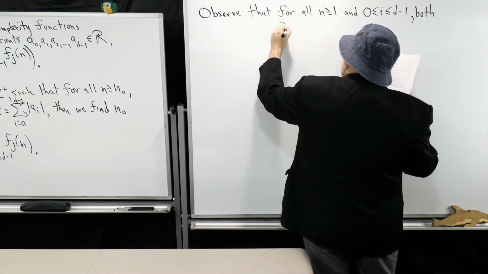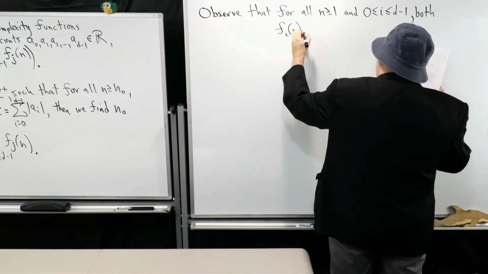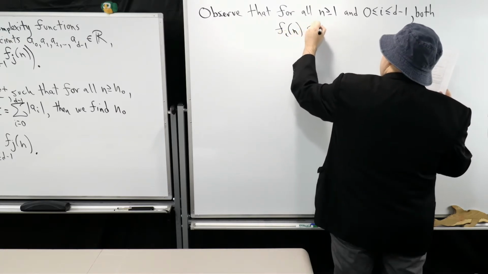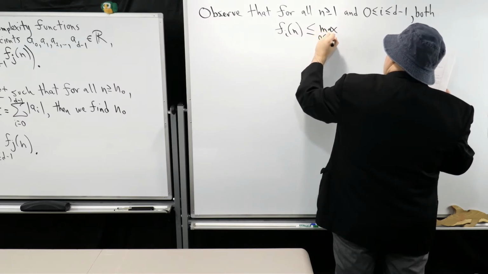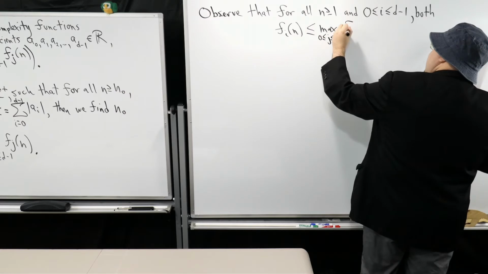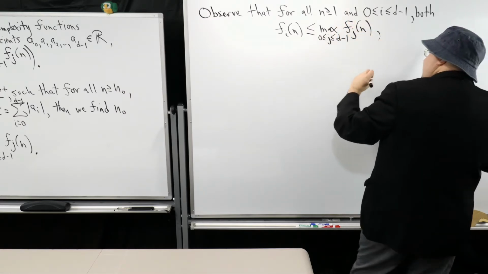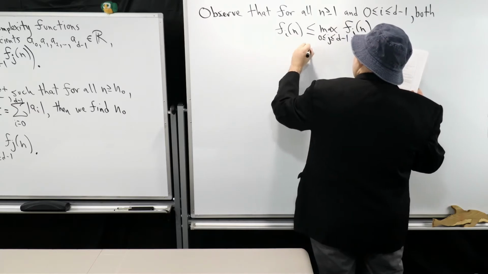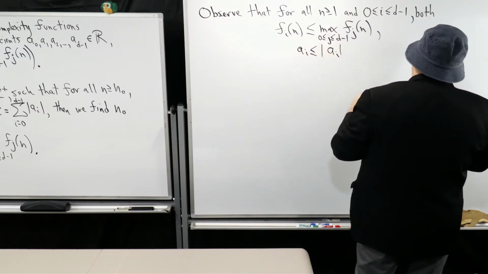So fi of n, now I'm just going right back to what I said earlier. Fi of n is less than or equal to the max among all of the function values for a given n. So we have this, and we also know that this coefficient can never be more than the absolute value of the coefficient.